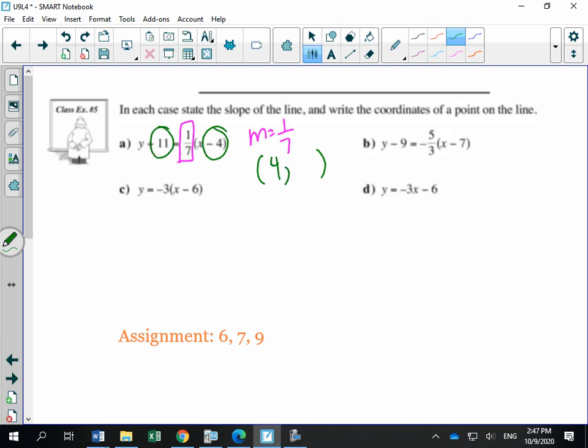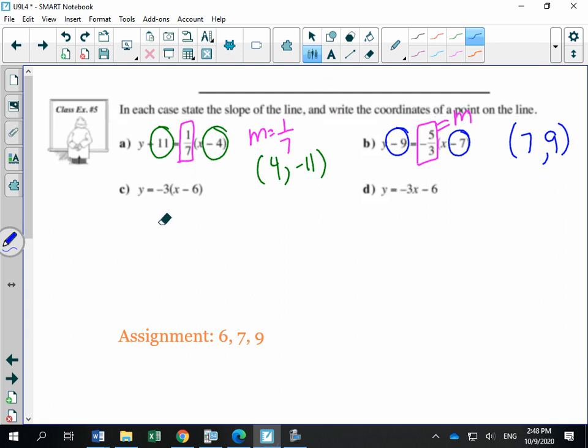The opposite of 11 is -11. And you would be done. Let's do B. What's the slope? That guy right there is the slope. What's the point on this line? The x value is not -7, it is 7. The y value is not -9, it is 9.